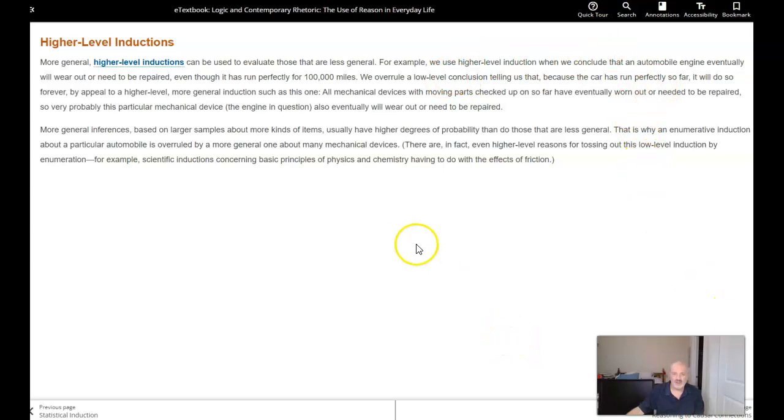So in the second question on the quiz, you're to come up with one on your own that you can explain in at least a few sentences.